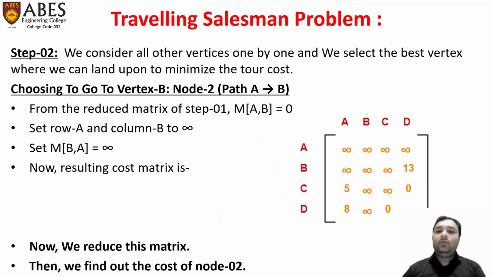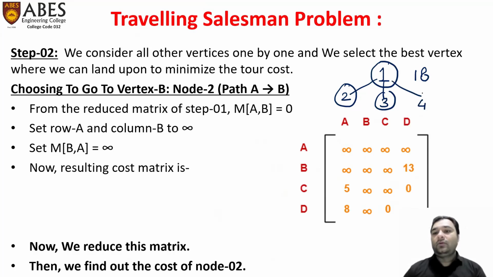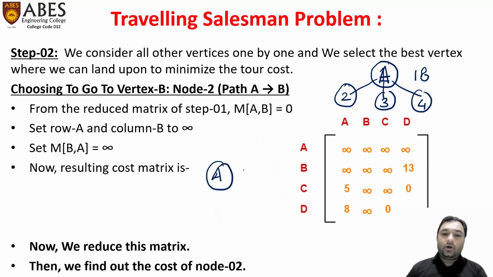After reaching this, initially we are at node 1 and the cost of this is 18. Now there can be paths going to 2, then 3, then 4. If we talk about a specific one, let it be A. The cost of A is 18. Why? What is the meaning behind the cost of A?